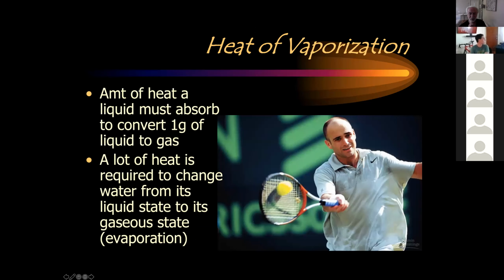Heat of vaporization, why do we sweat? Because... Excuse me, Professor. The solid, the snow, it floats because it becomes less dense? Yes, the solid is less dense. When the hydrogen bonds come together, that's what makes it less dense, and that makes it float on the water.